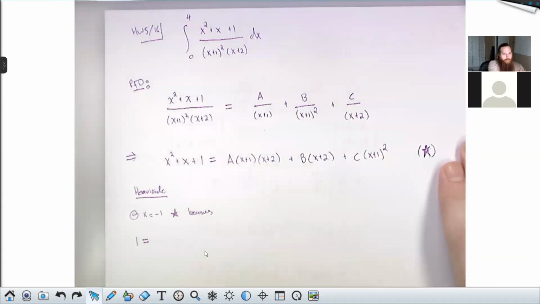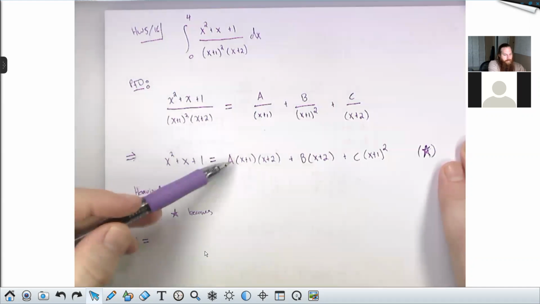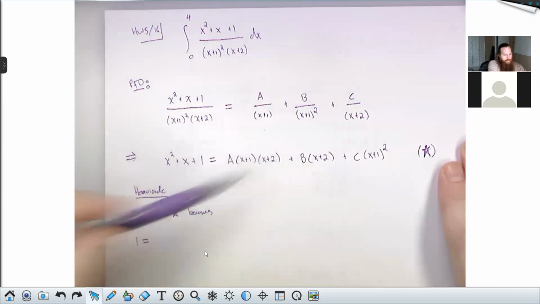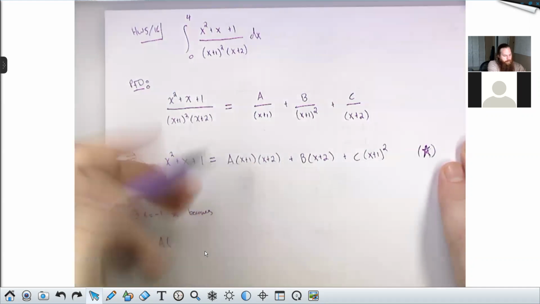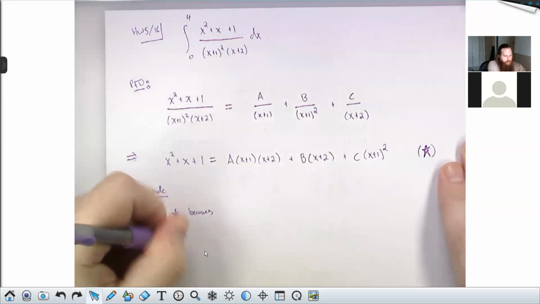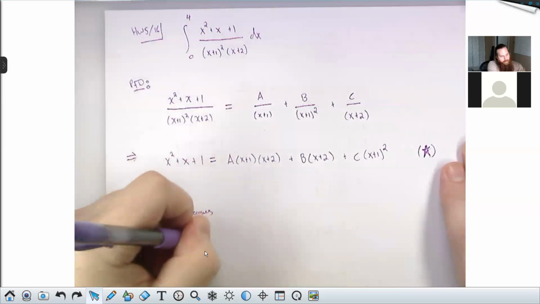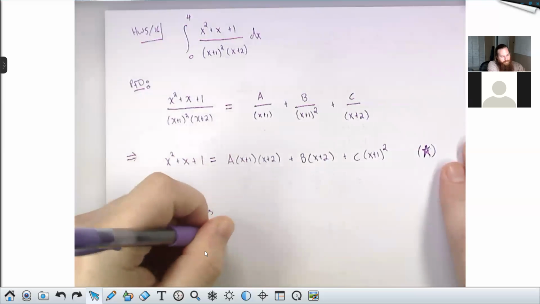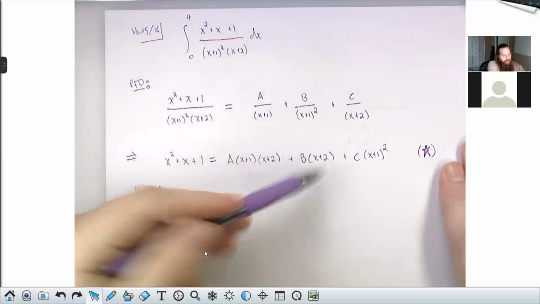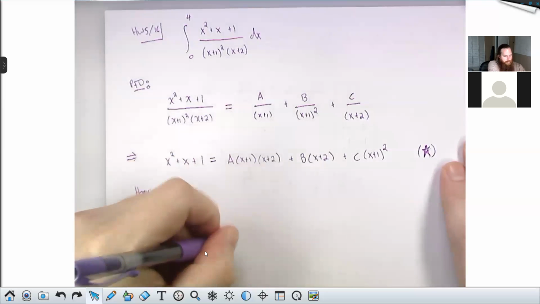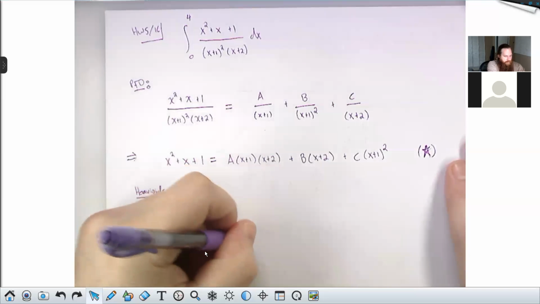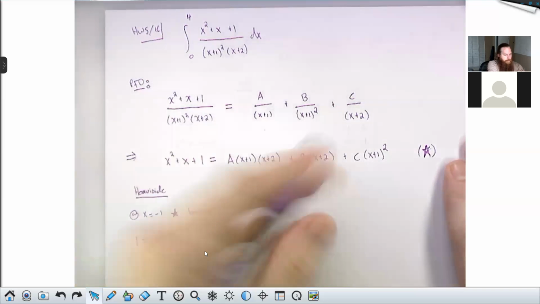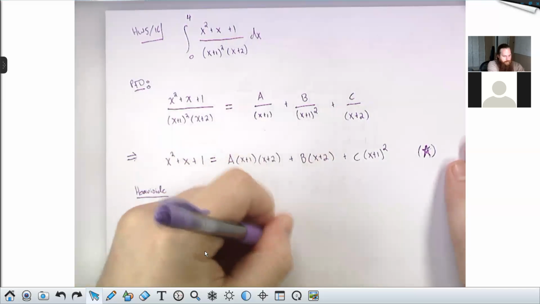What about the right-hand side? A times -1 plus 1 is 0, times -1 plus 2 is 1, plus B times -1 plus 2 is 1, plus C times -1 plus 1 squared is 0 squared.